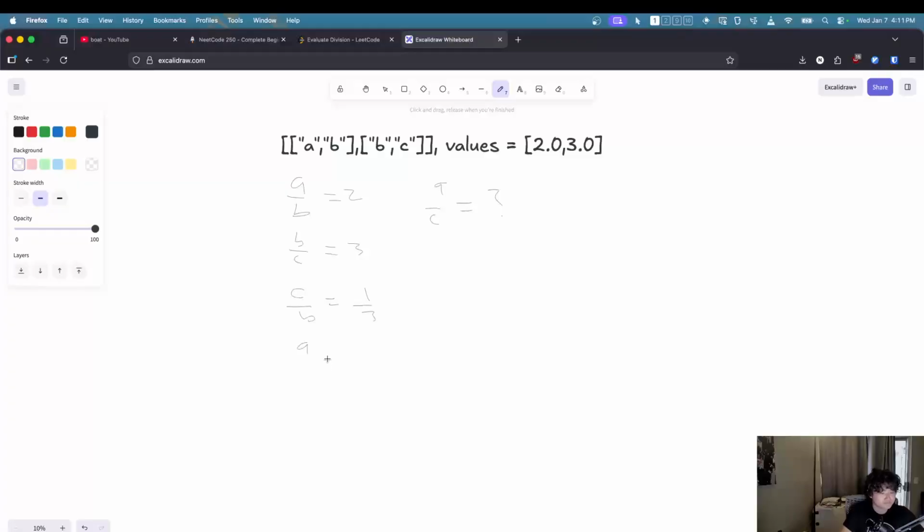So B over A equals 1 over 2. So C over B is 1/3, B over A is 1/2. Then from here, A over C equals, I don't know actually. Let's see.